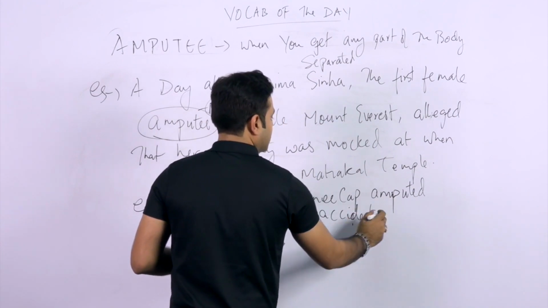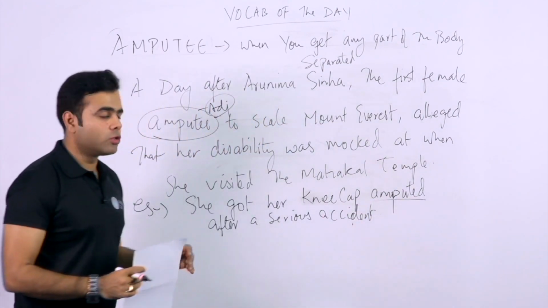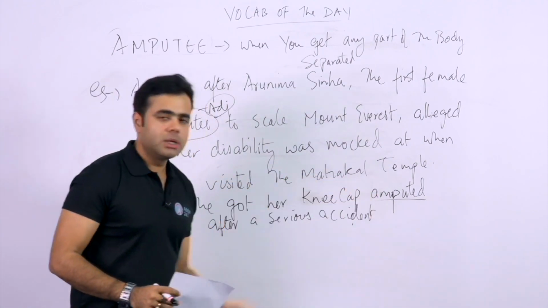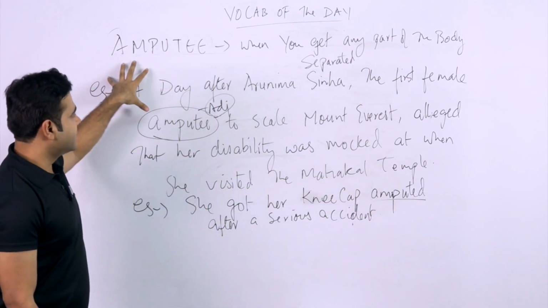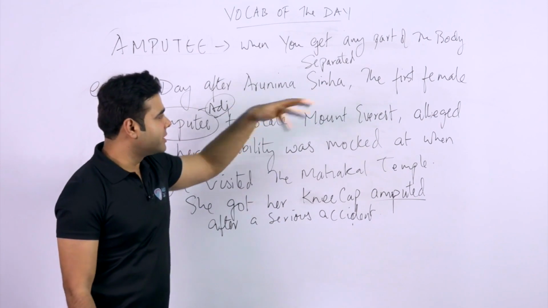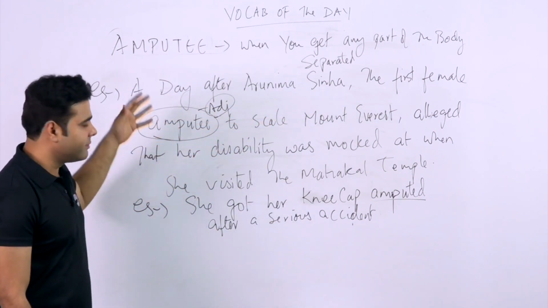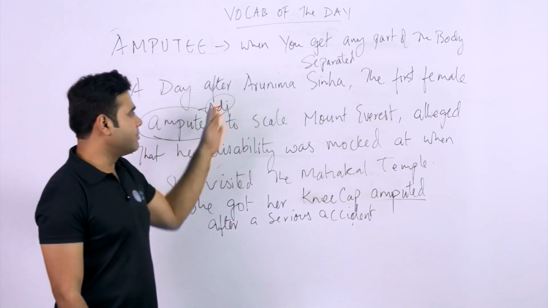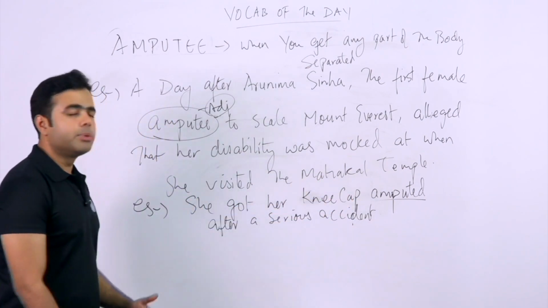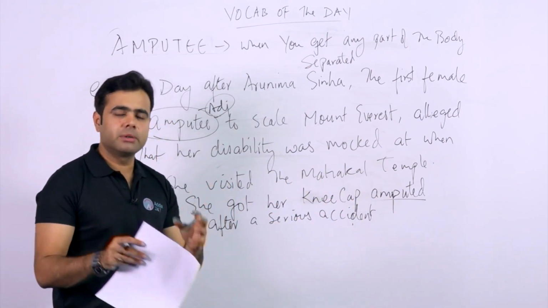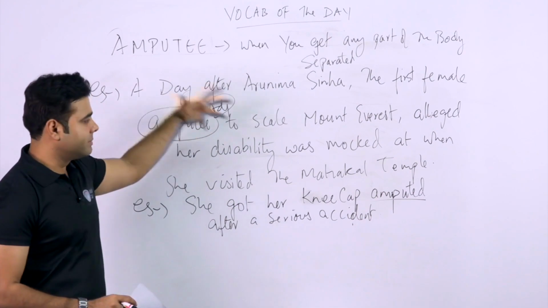So this can be the usage of the word in the form of a verb. I hope it's clear. So the condition is when you get any part of the body separated. In the first sentence, amputee has been used as an adjective, female amputee, and after that, kneecap amputated is when something is being separated. You can say that this particular word has been used as a verb.